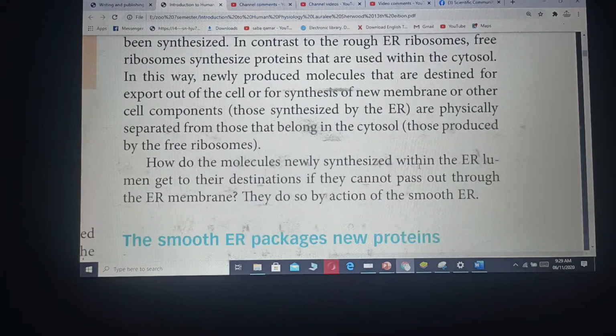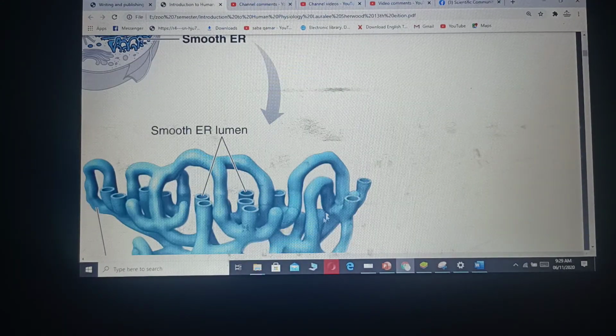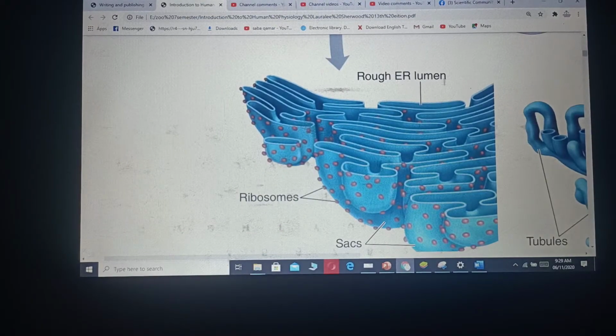Here you can see this is a rough endoplasmic reticulum lumen, and these are ribosomes which are present outside the surface, or outside the membrane, of the endoplasmic reticulum. When ribosomes synthesize a particular protein, they push the protein into the lumen of the endoplasmic reticulum.